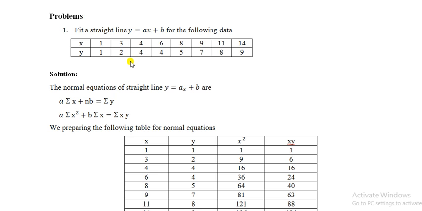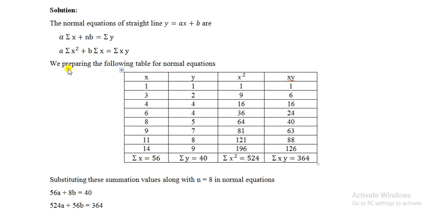First, we write the normal equations of y equal to ax plus b. You know that the normal equations are a summation of x plus n into b equal to summation of y. Second one is a summation of x square plus b into summation of x is equal to summation of xy.